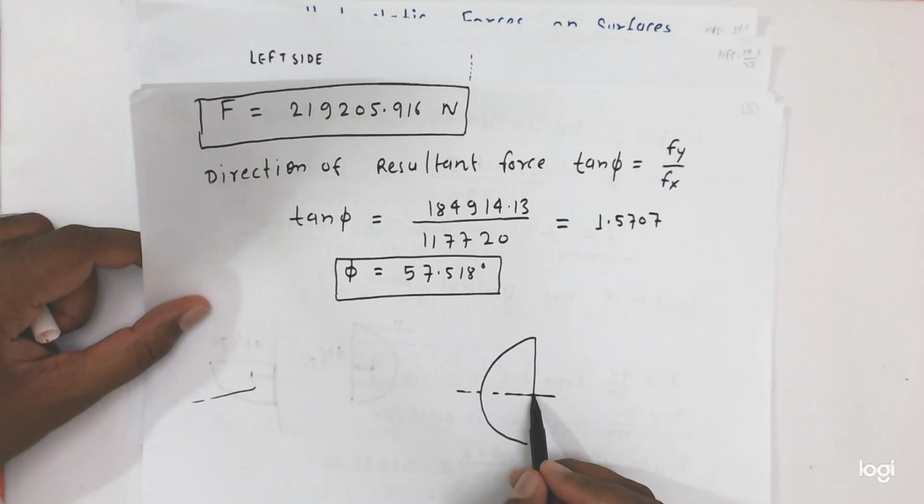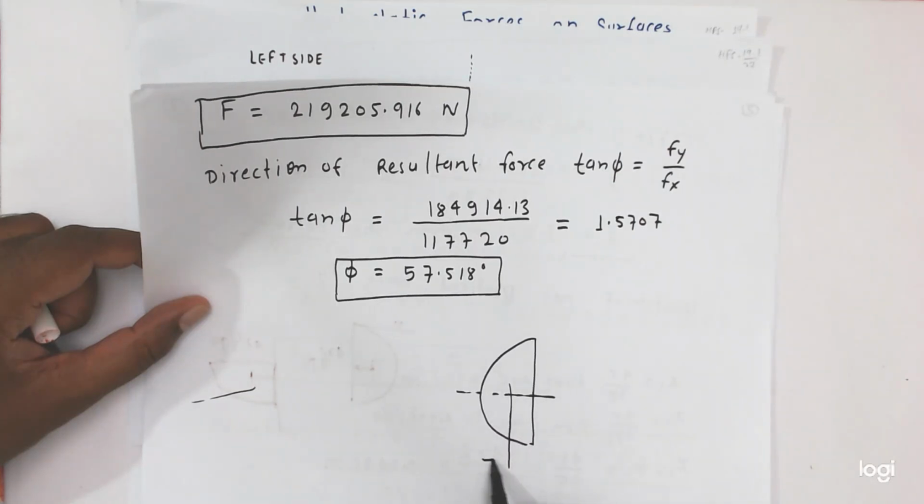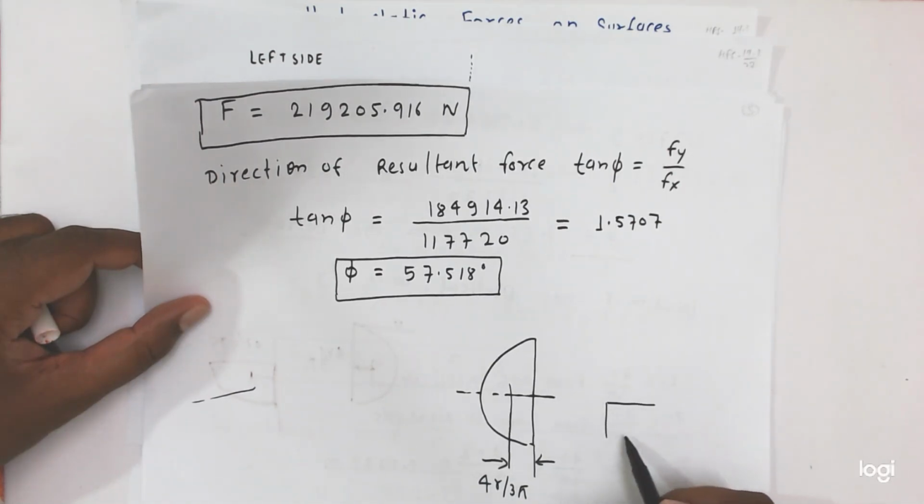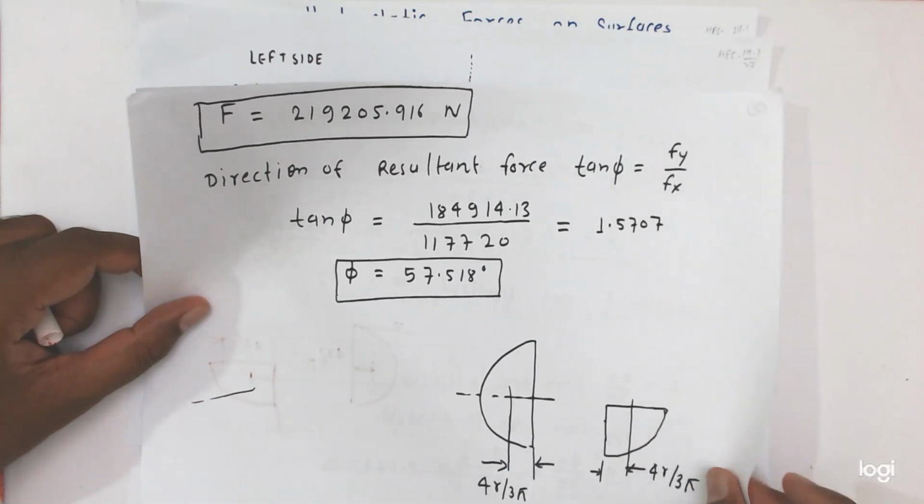It is around from this part to this part, so this distance is equal to 4r by 3 pi. Similar case, if it is like this also, so what is the center of gravity here in this case? From this point, it is also around 4r by 3 pi. Getting friends?